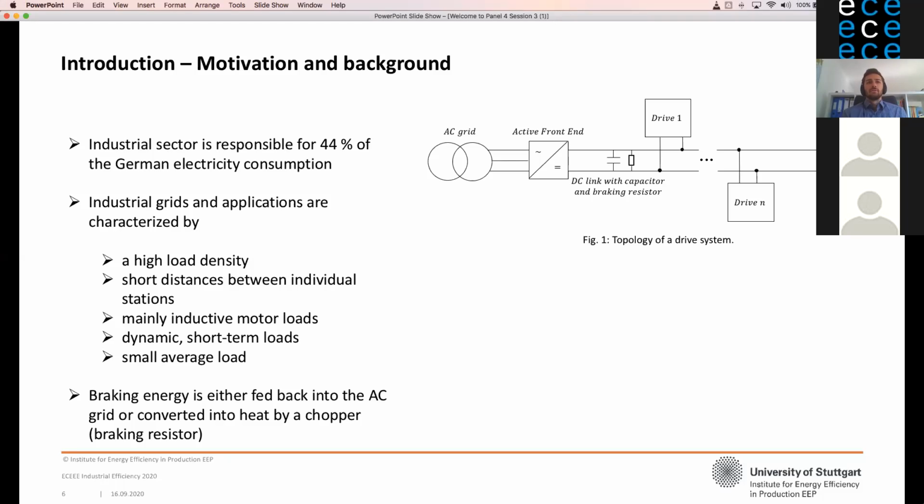The dynamic and short-term loads often are responsible for a big sizing of the in-feed devices, although they have a small average load. In these systems, normally, there's a lot of braking energy. So, for example, if a tooling machine is moving its tools around an axis, there's a lot of braking happening and also accelerations.